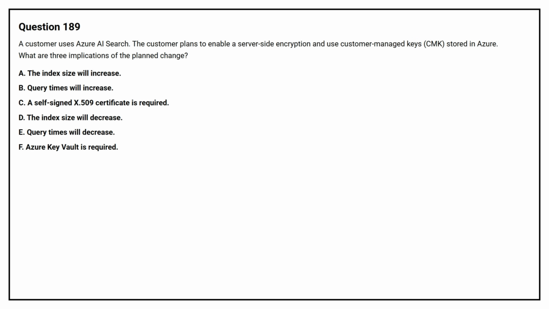Option B, query times will increase. Option C, a self-signed X.509 certificate is required. Option D, the index size will decrease. Option E, query time will decrease. Option F, Azure Key Vault is required.